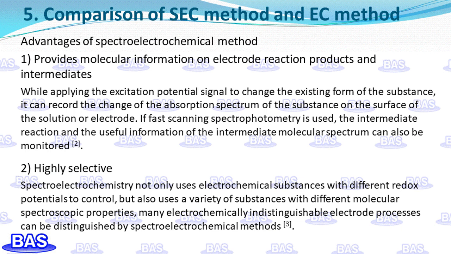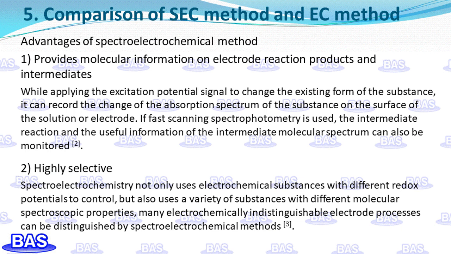Spectroelectrochemistry has the following advantages over conventional electrochemical methods. First, it provides molecular information of electrode reaction products and intermediates, and can record the changes in the absorption spectrum of a substance on the surface of solution or electrode, while changing the application of an excitation potential signal.